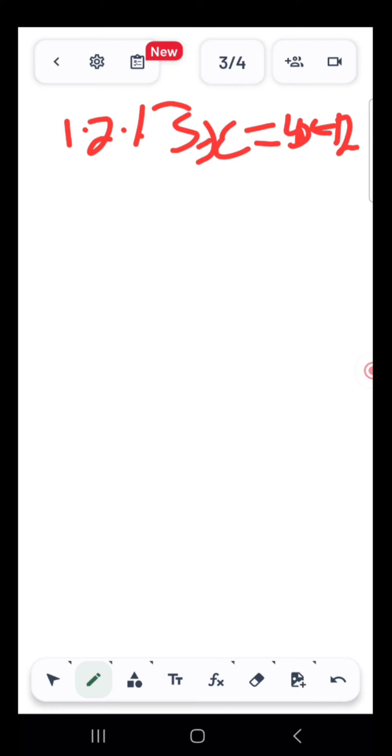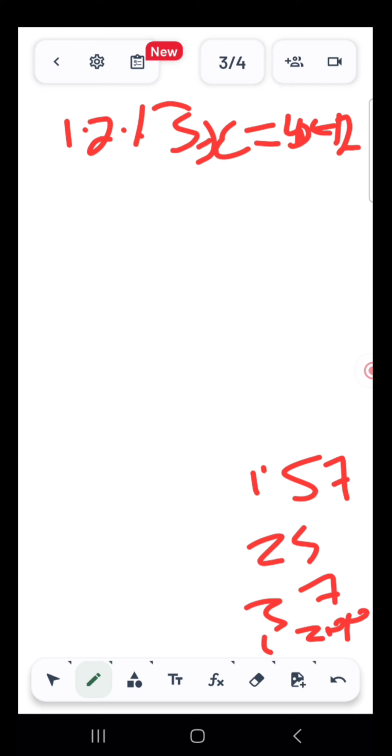Now, like I said before, you need the standard form, simplify, factorize, and ZPP. You need to make sure. Now, solve for x, this is your formula. This is number 1, number 2, number 3, number 4.